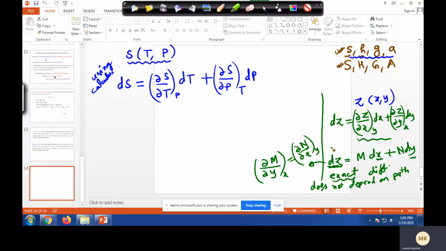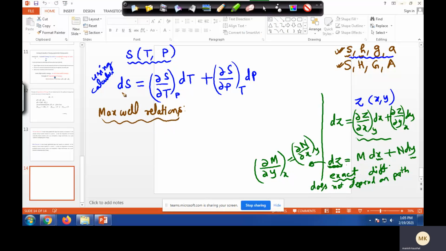This also we are going to use a lot, and that will be the genesis of Maxwell relations.